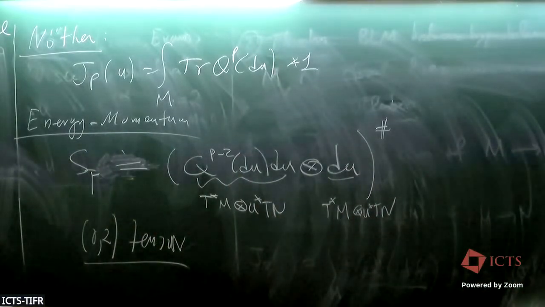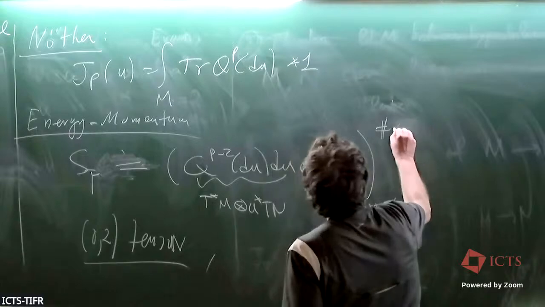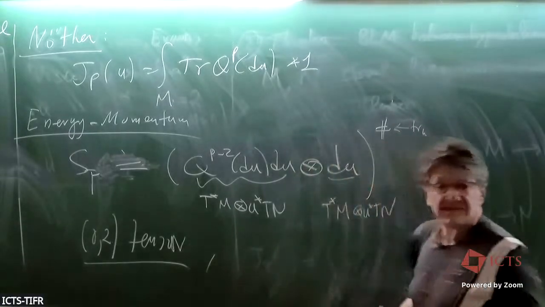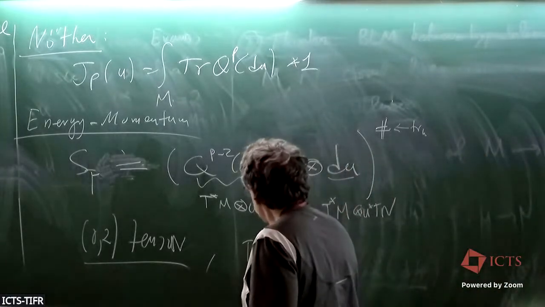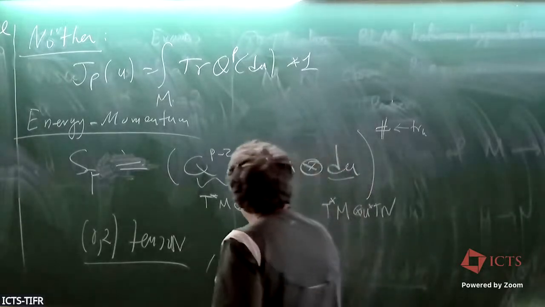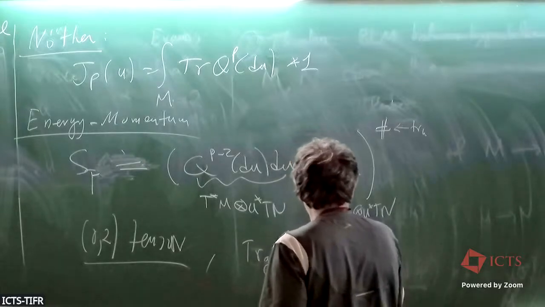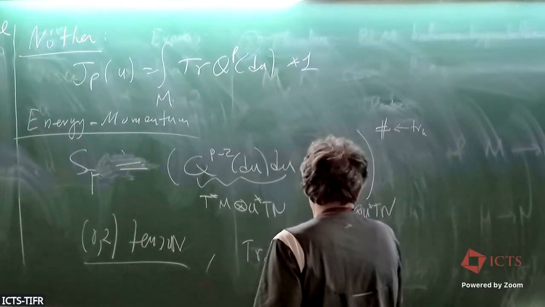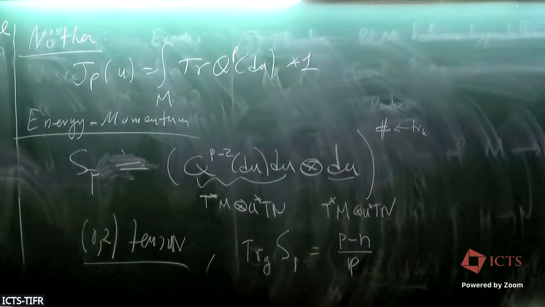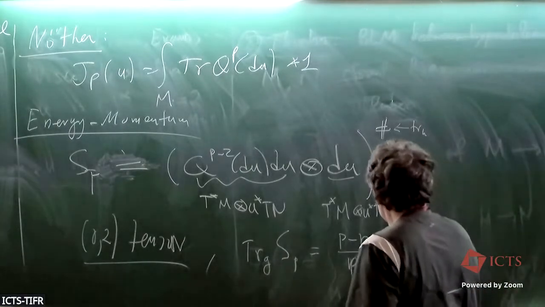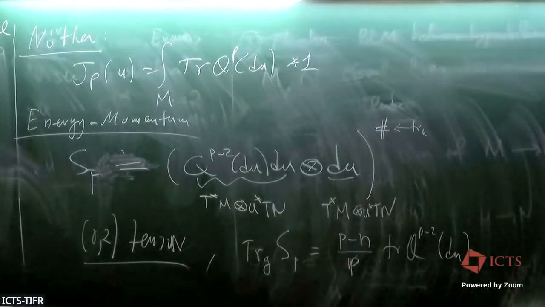Now, this means we trace with respect to the metric h. If we also take the trace with respect to the domain metric g of the tensor S_p, this is actually (p minus n)/p times the trace of |du|^p.